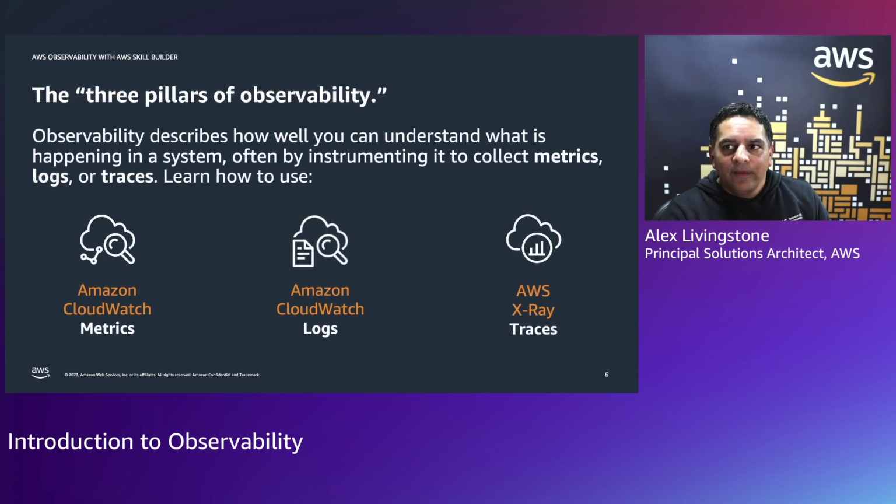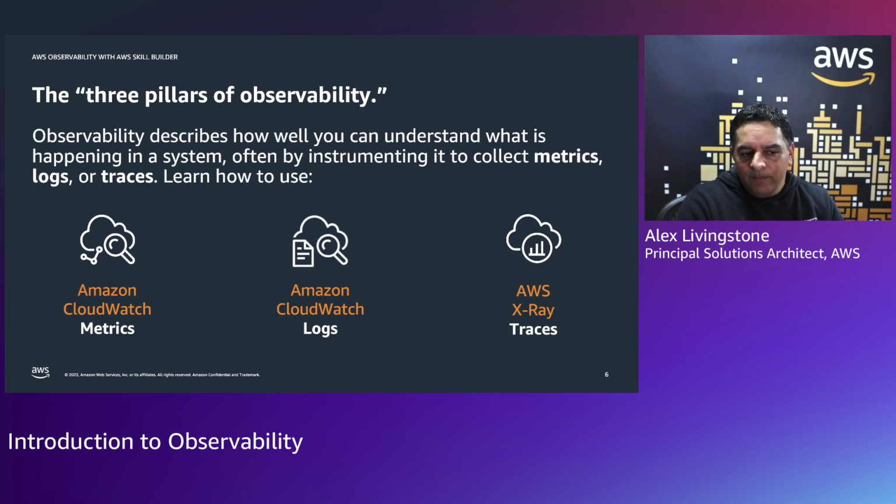So I'm going to talk about the three pillars of observability now. I already mentioned that we've got these three pillars: metrics, logs, and tracing. In the AWS cloud, the three main services that provide these pillars are Amazon CloudWatch Metrics, CloudWatch Logs, and AWS X-Ray for traces.